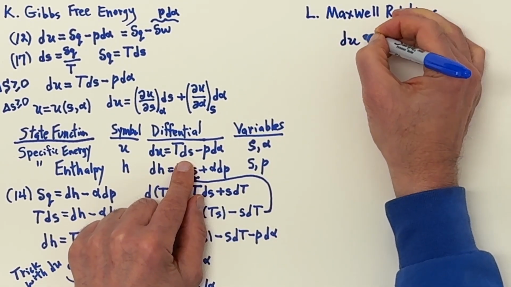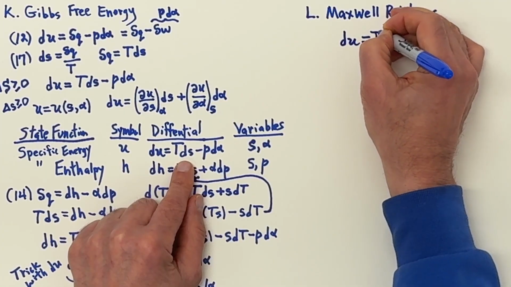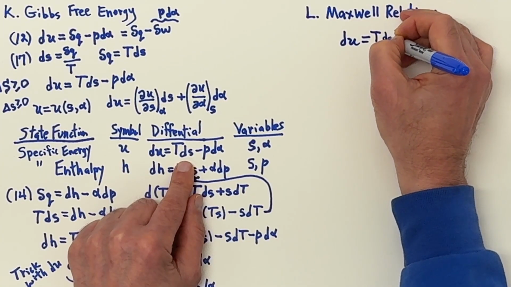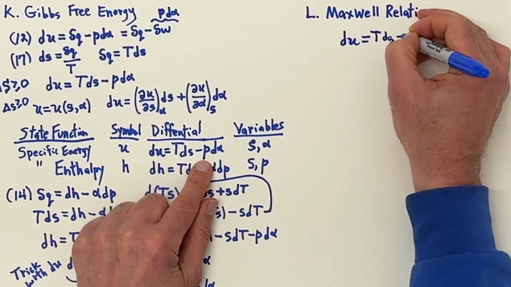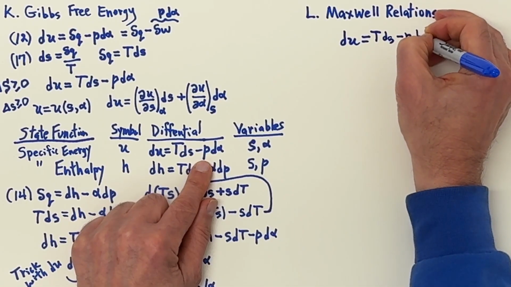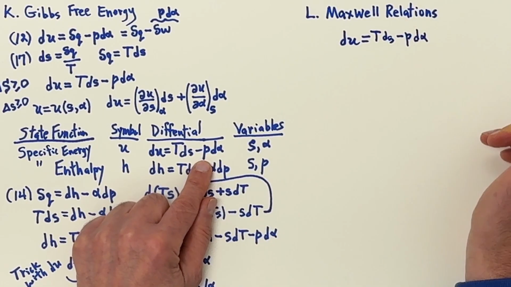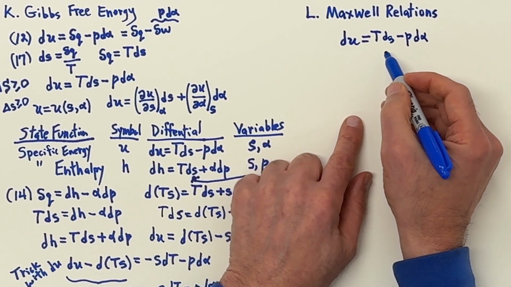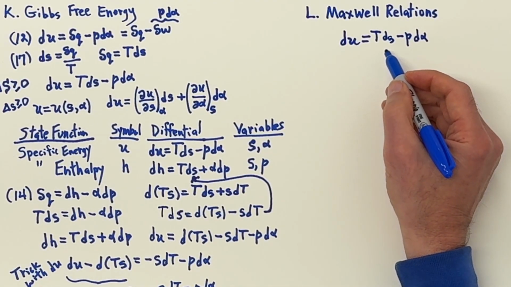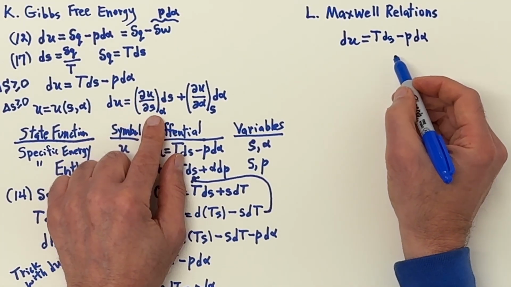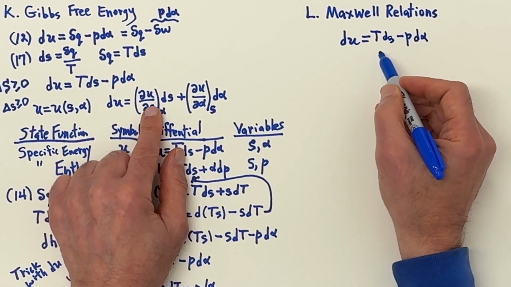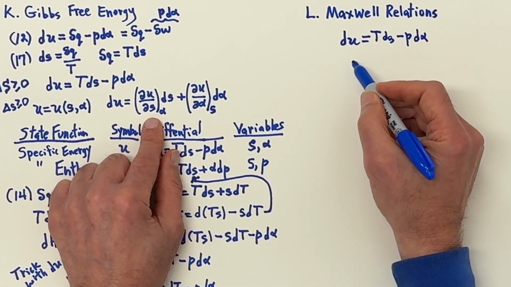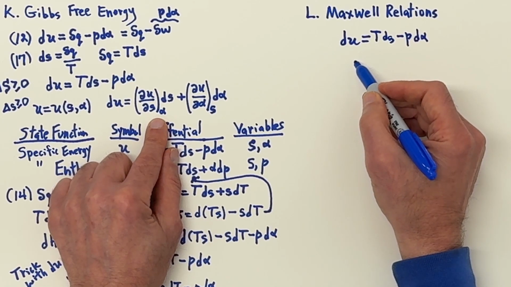du is equal to T ds minus P d alpha. All right. Now, if we look at this and remember our basic principles of calculus, this first term is the derivative of u with respect to s holding alpha constant.